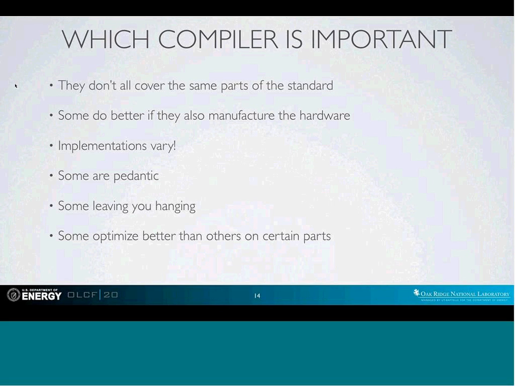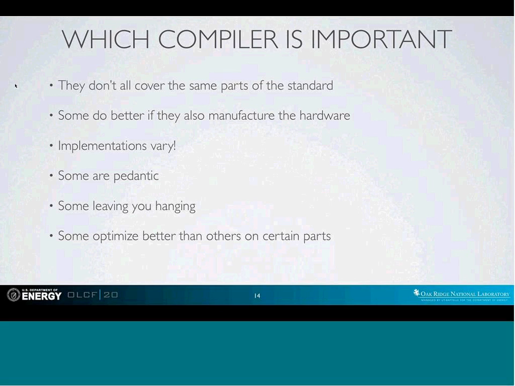So just because it compiles, a very, very important piece of advice: just because it compiles doesn't mean it's right. And just because it doesn't throw an error doesn't mean it's right. Some compilers leave you hanging, like it will not pick up things that you've done terribly wrong and terribly stupid. Others do better than that and say, hey, you might be dividing by 0 here, and the universe is going to explode.